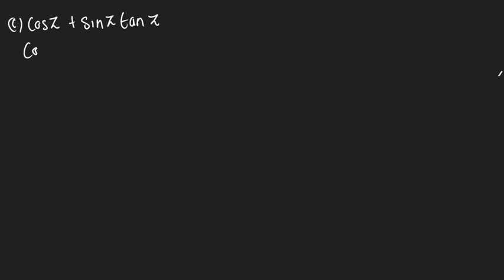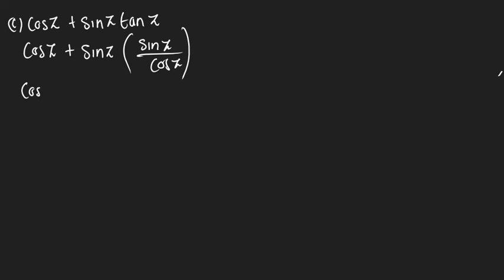So this is going to be cosine z plus sine z, you open the bracket, tan is simply sine z over cosine z, like that. Then from there you can do your multiplication.